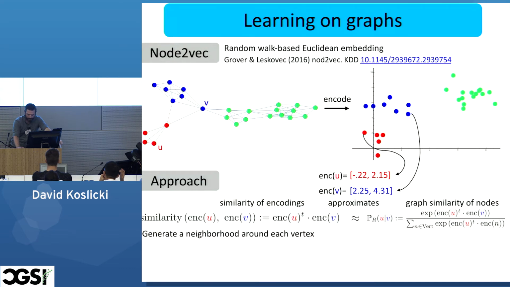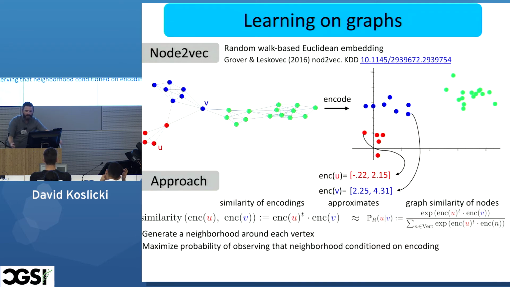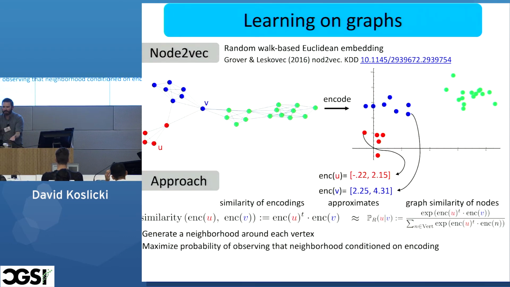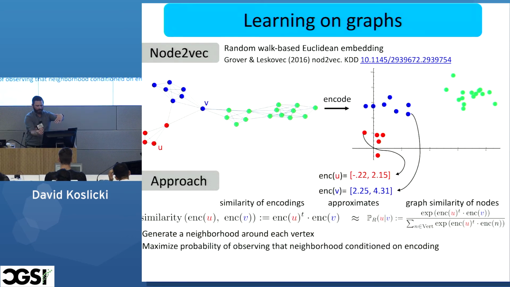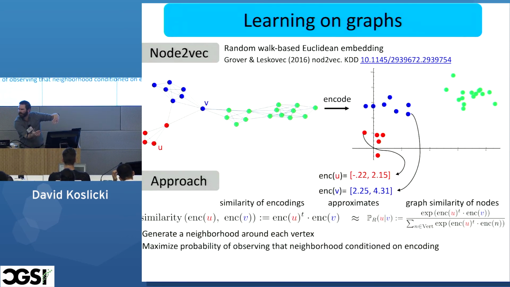Great. How do you do this in practice? You are going to generate a neighborhood around each one of the vertices in your network. Then you're going to maximize the probability of observing that particular neighborhood, conditioned on the encoding that you picked. What does this mean? It basically says you pick an encoding, you look at a neighborhood, and you ask what's the probability of that neighborhood given the encoding.